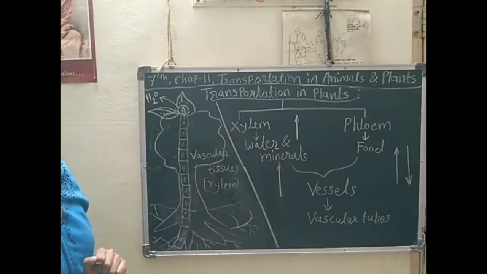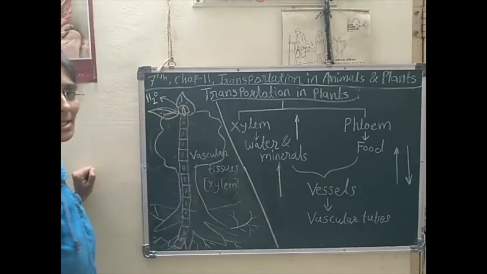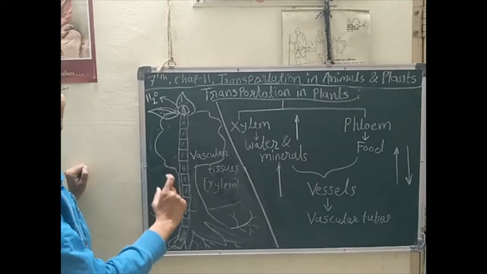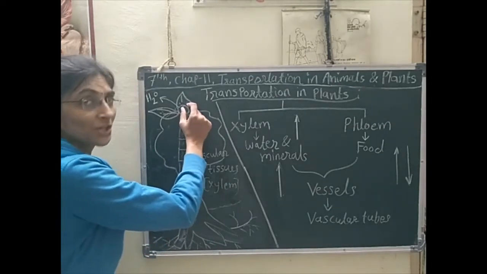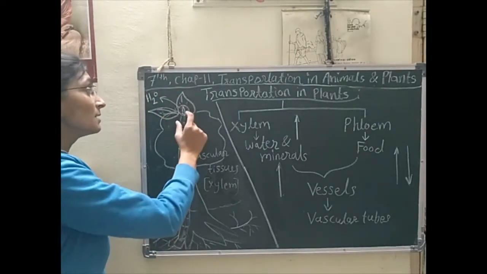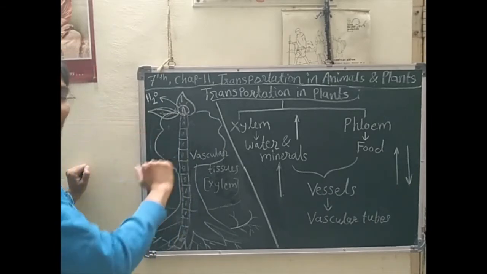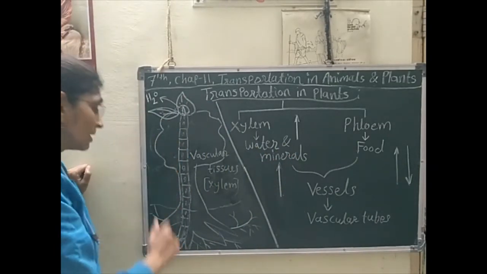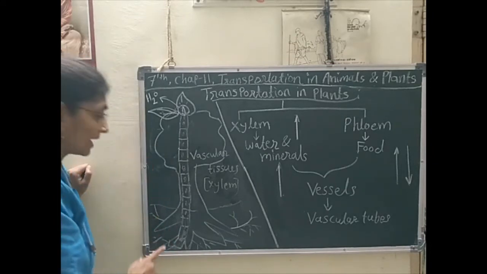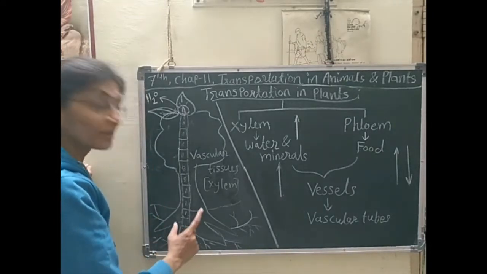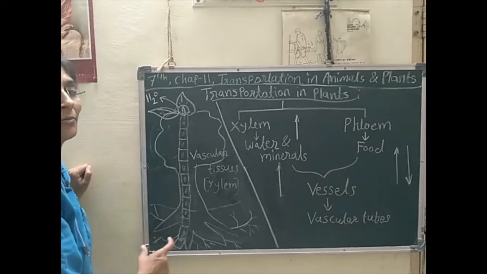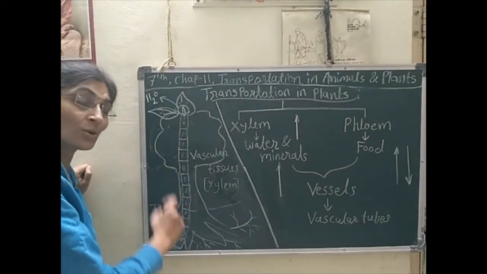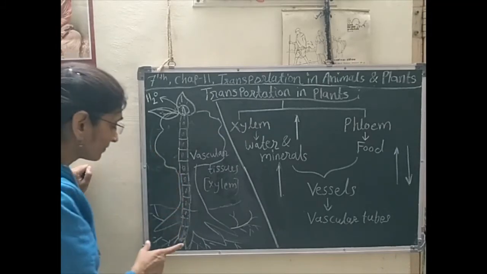Understand? For photosynthesis water is required. Again for the growth and for the preparation of many things, water is also very important, as well minerals are also necessary in plants. That water and minerals get absorbed from the soil through the cells which are present inside the roots and root hair.